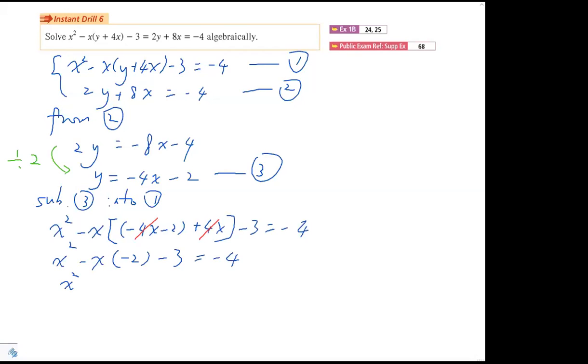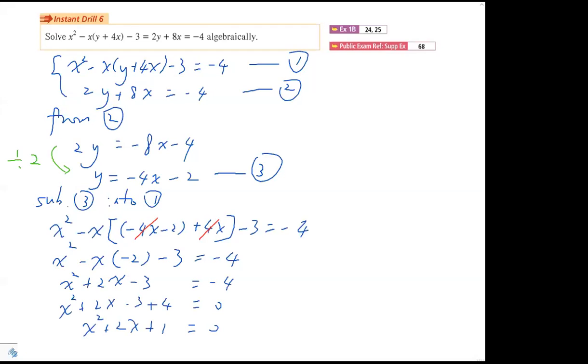Okay, and then we will move all the terms to one side. And I will keep the square term to be positive. So I will move the -4 to the left. So that is x squared plus 2x minus 3 plus 4 is equal to 0. And minus 3 plus 4 can be calculated, so that is plus 1.